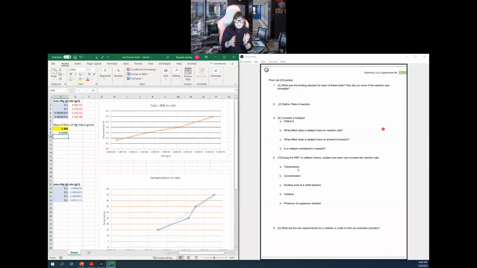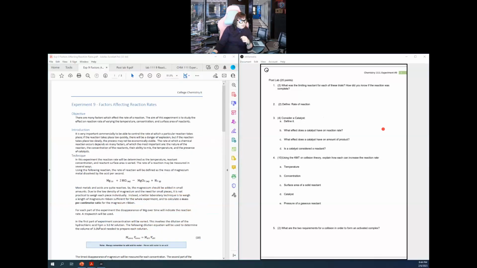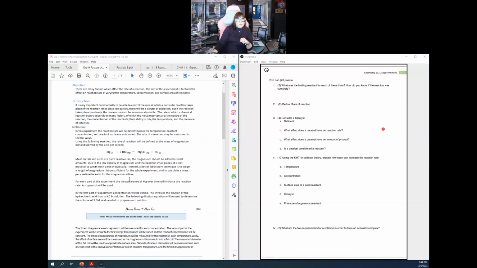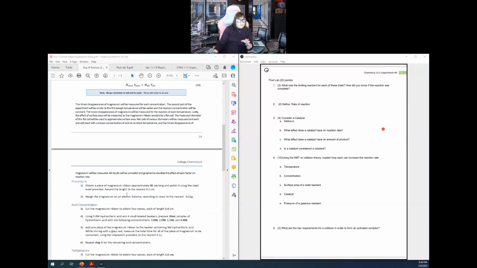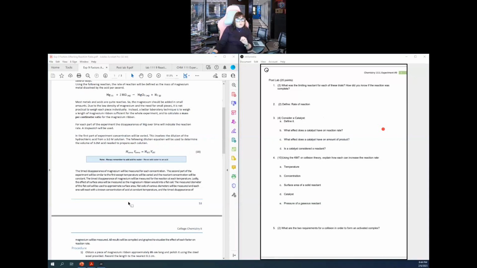So if they're moving more, they should collide more. That's how that looks. We need to talk about the effect of temperature, concentration, surface area, catalyst, and the pressure of a gaseous reactant. Now, there is some information about that in the introduction that's here. There's also some in the lecture that I talked about in terms of what that means. If you have any questions, comments, problems on that, please let me know and I'll be happy to walk you through it.